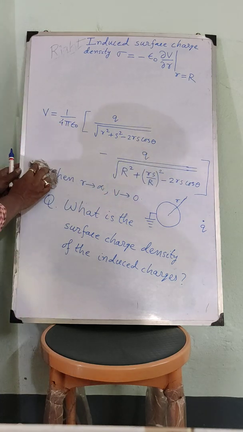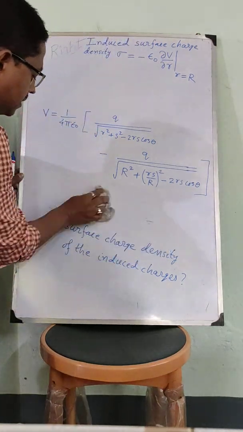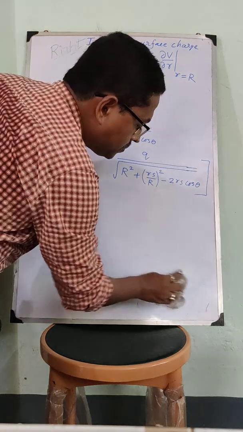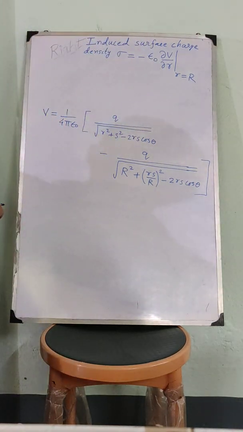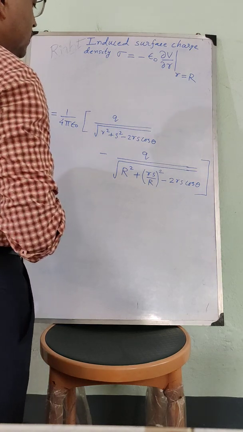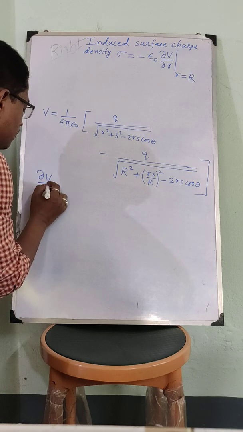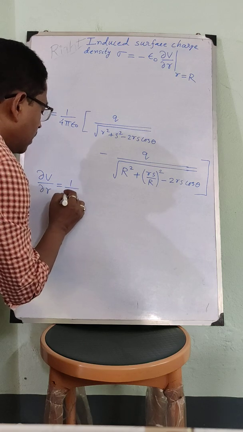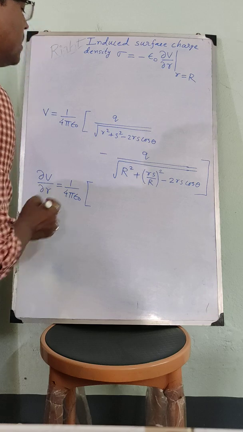Okay. Now first let us calculate del v del r. Now what is del v del r? Del v del r is 1 by 4 pi epsilon 0 bracket.